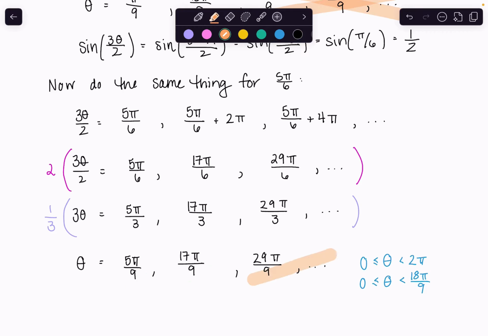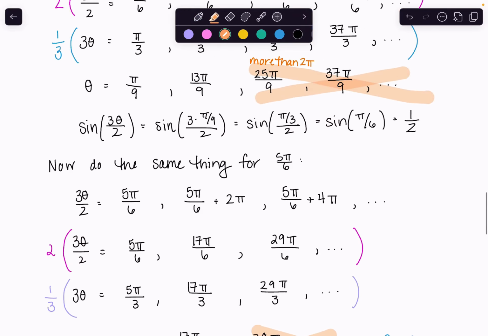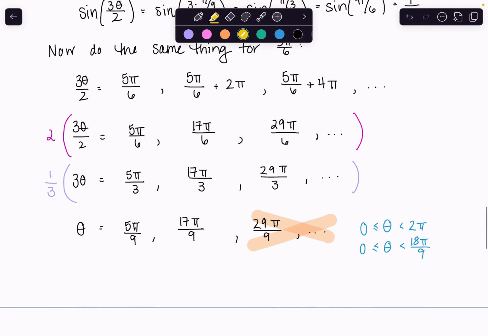But then all of these will end up being bigger. Okay. So I really just end up with 4 angles that work in this interval. Pi over 9, 13 pi over 9, 5 pi over 9, and 17 pi over 9.